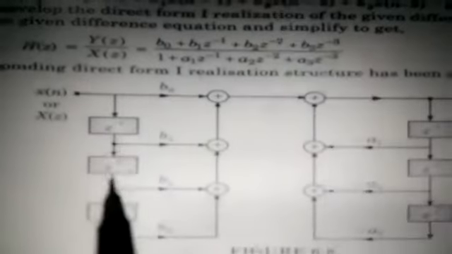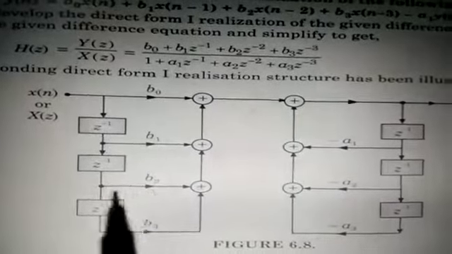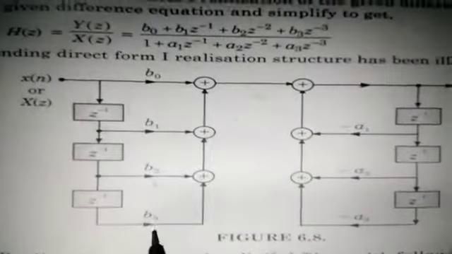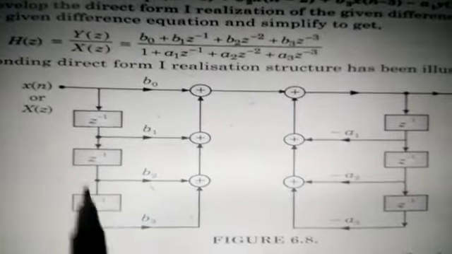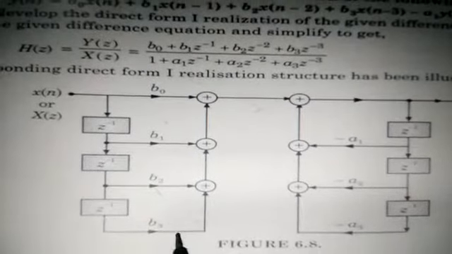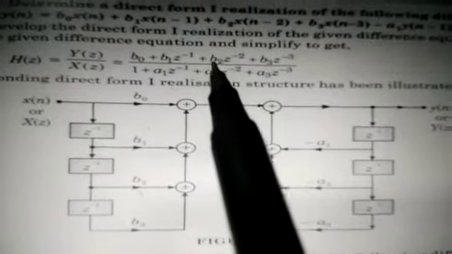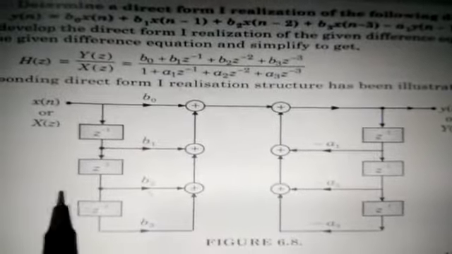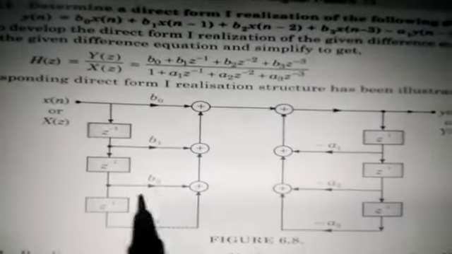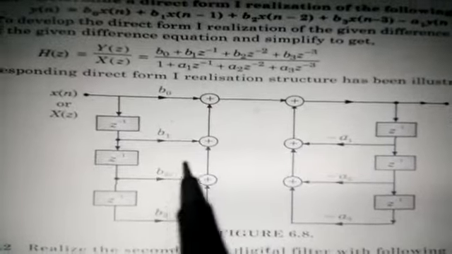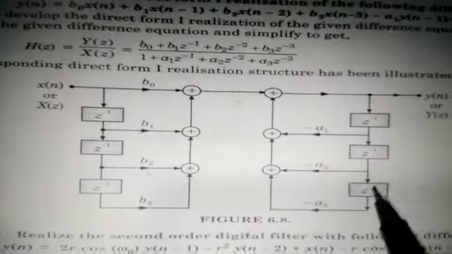In series with this z inverse, one more delay element, so you will get b2 into z to the power minus 2. Here, with 3 delay elements, b3 into z to the power minus 3. Add all these elements here, so you will get the numerator term. The numerator term should always be shown on the left side. This is called direct form 1 realization, which can be represented in zero-pole form.